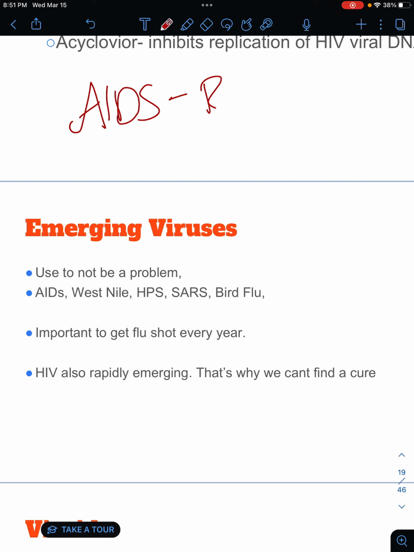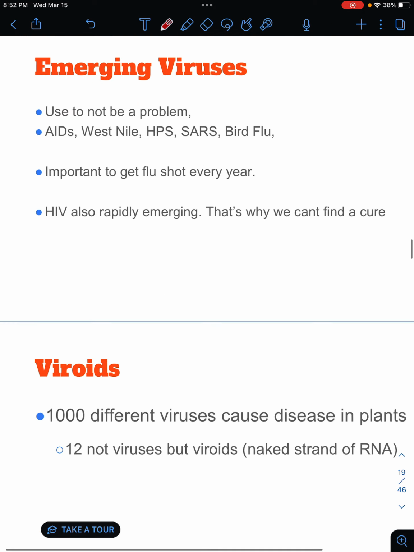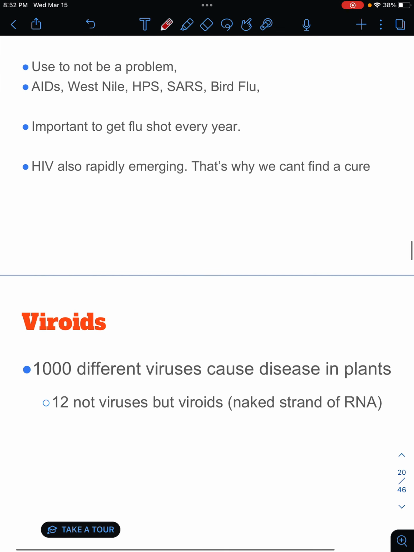This is why it's important to get the flu shot every year, because these viruses are evolving every year because, like I said, their job is to survive. They want to survive too. And HIV is also rapidly emerging. That's why we can't find a cure for it. It's almost like they emerge before we can determine how to stop them.